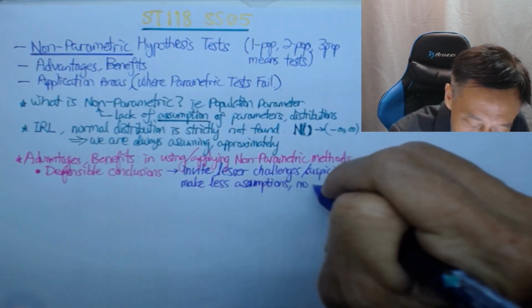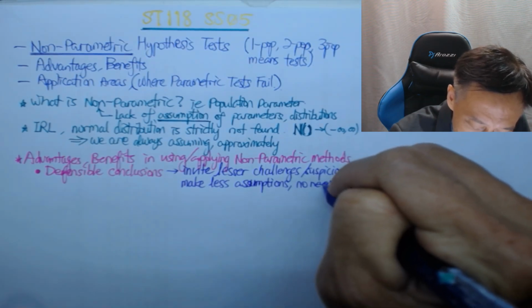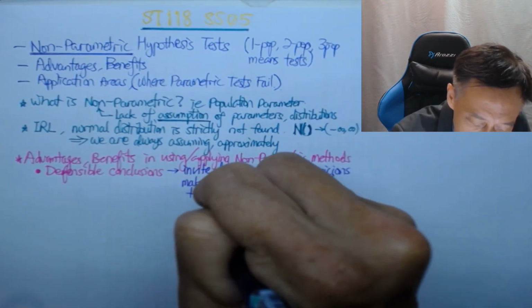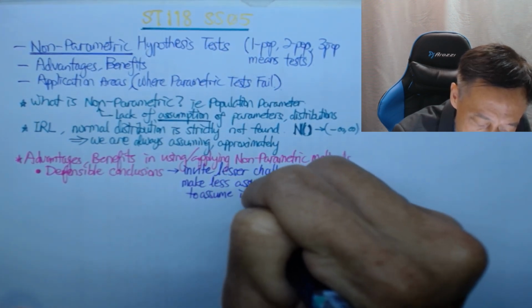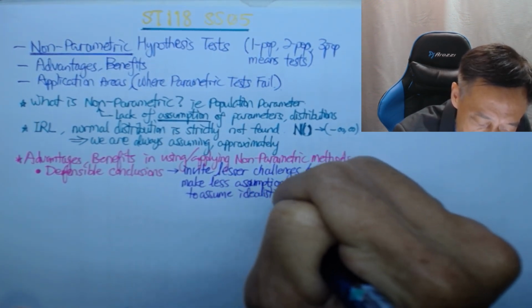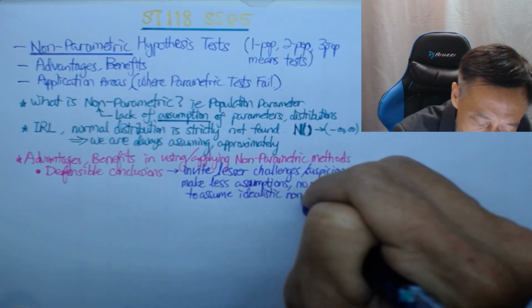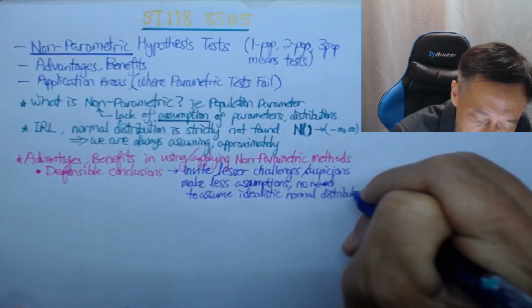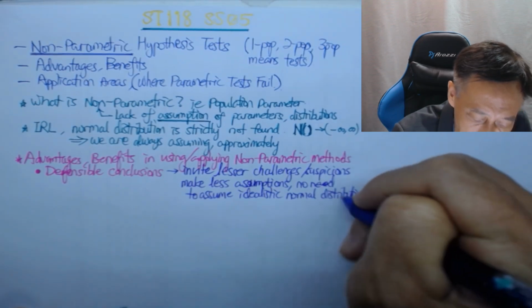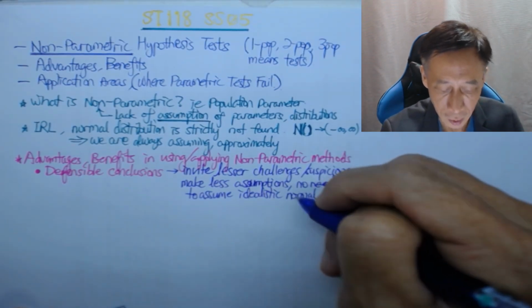No need to assume an idealistic normal distribution of the data. Yeah, so that's just the tip of the iceberg, right?